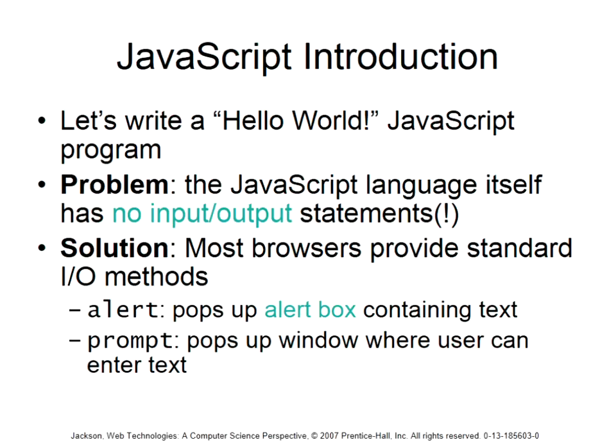Keep in mind that JavaScript has no input-output statements: if we want to create an input statement, we will use prompt, and if we want to create an output statement, we will use alert. Prompt and alert are two input-output methods provided by browsers.